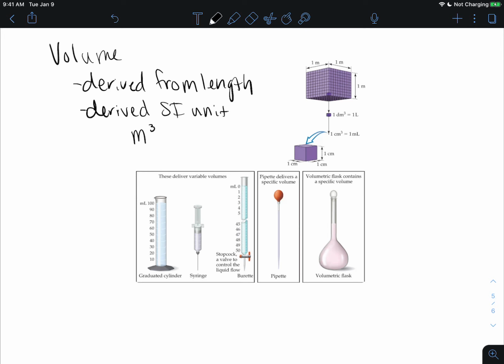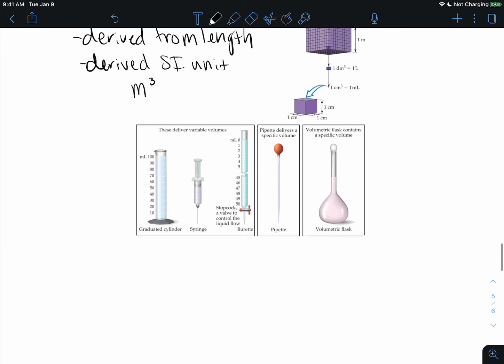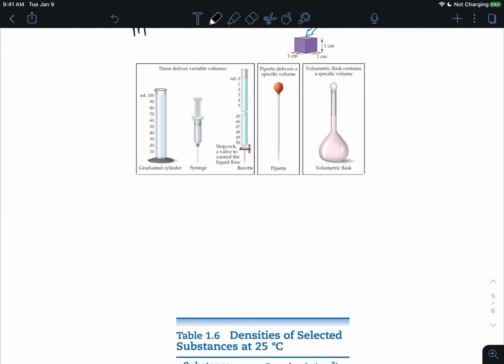That's not usually the one that we use in chemistry. We usually use liters or milliliters. So some important conversions for volume are going to include 1 decimeter cubed is equal to 1 liter, and then 1 centimeter cubed is equal to 1 milliliter.